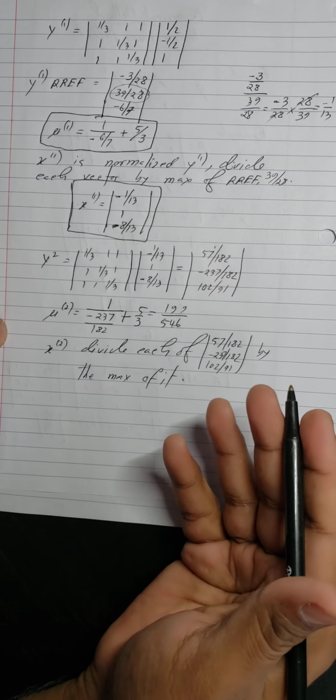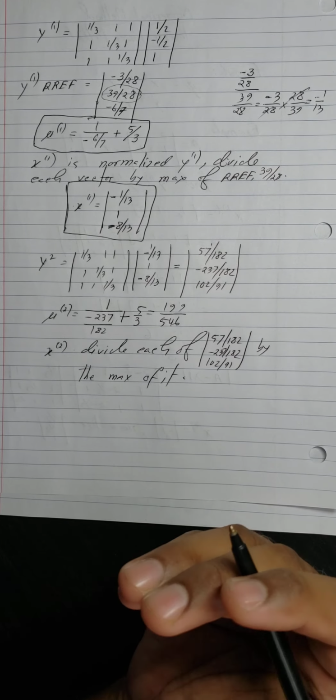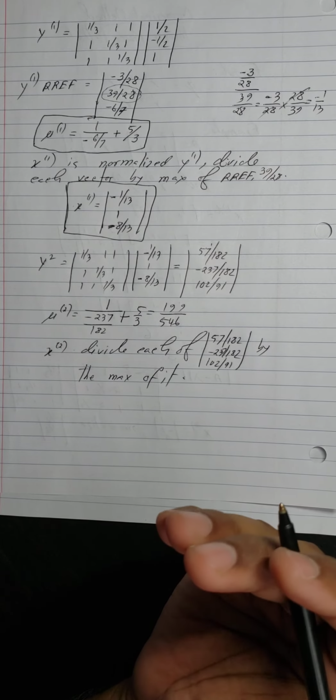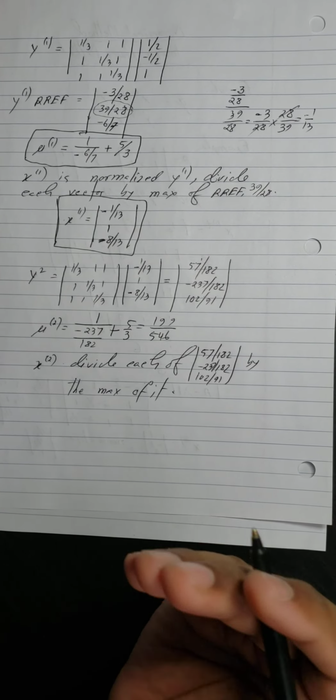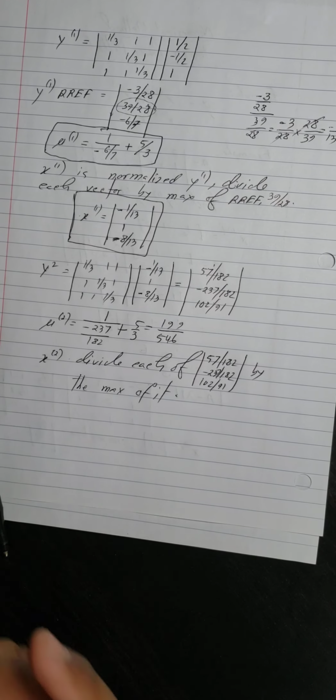Okay, that will give you x2 again. So this is how you continue. If you need to find out the third vector and the third dominant vectors like x3 and mu3, you can use the same way to continue using the inverse power method.